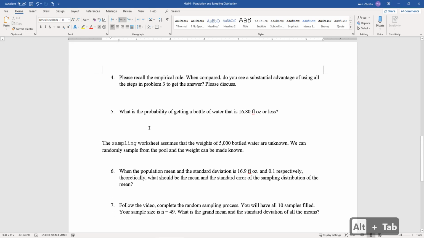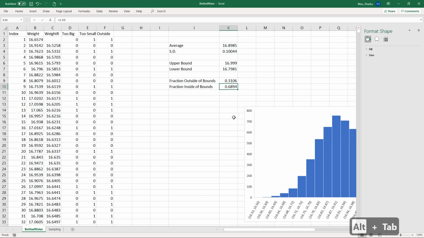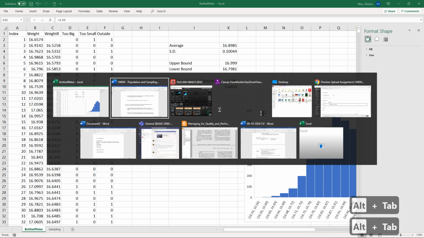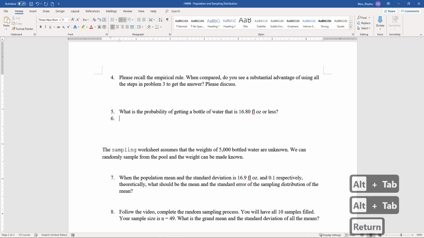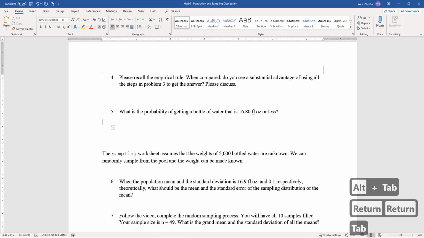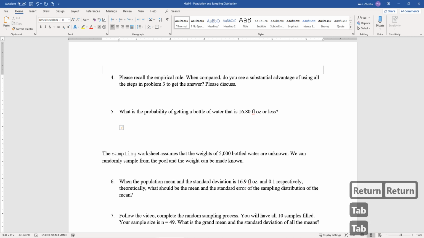Okay, and what is the probability of getting a bottle of water that is 16.80 or less? So if you remember, this is an up-until scenario, like 16.4 ounce or less, right? So you should use whichever formula I showed you.